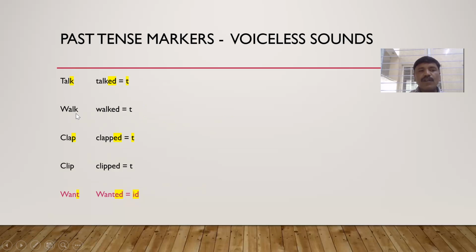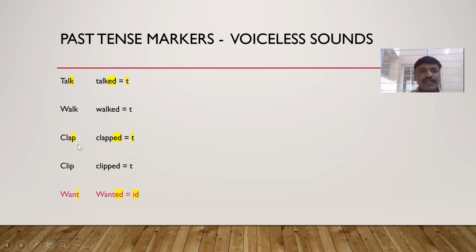Similarly, it's walk, and when it is inflected for its pastness, we say walked. And similarly, clap, clapped. So these three sounds, k, p, and t, are voiceless sounds.